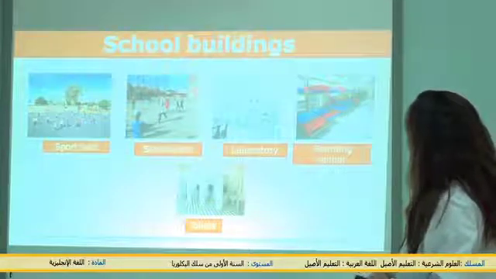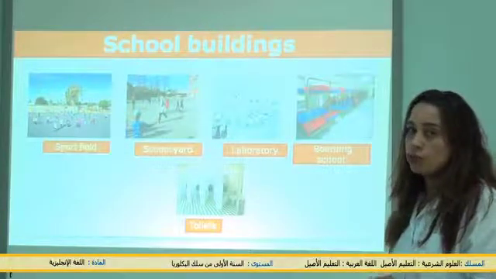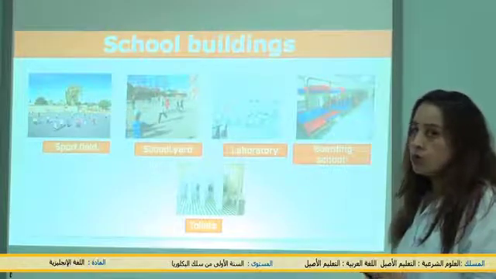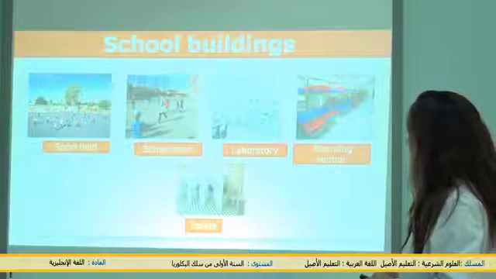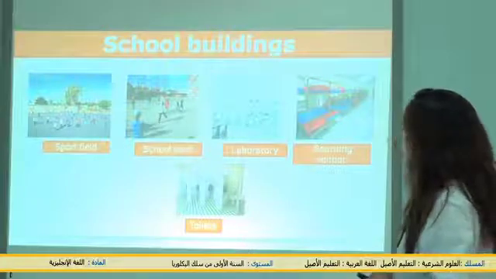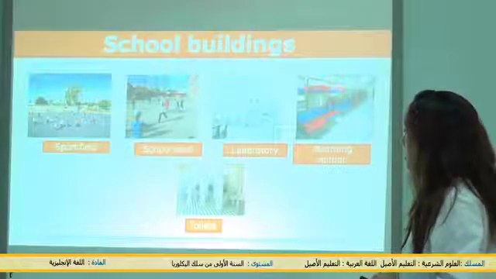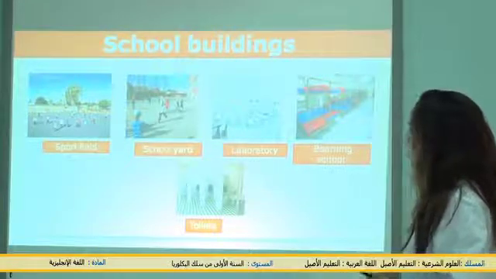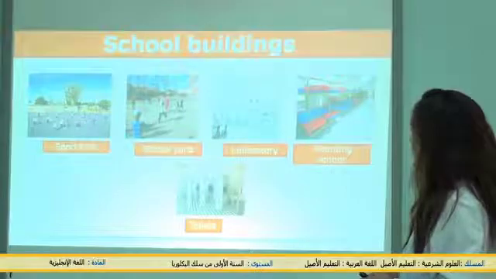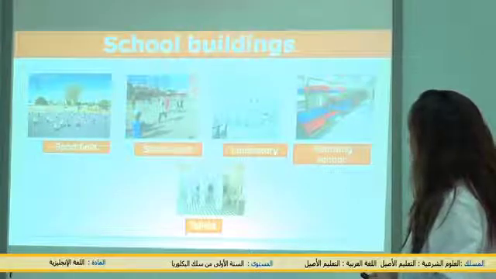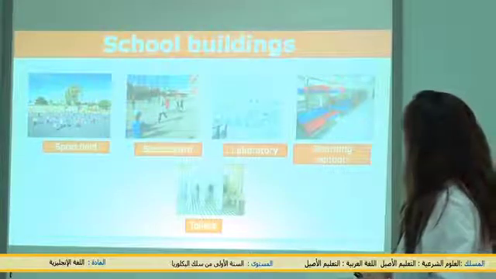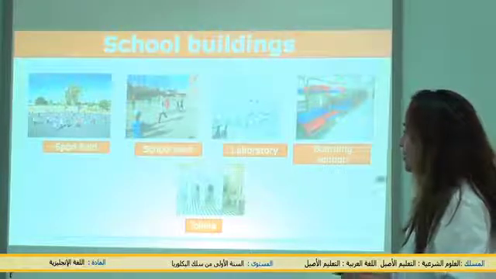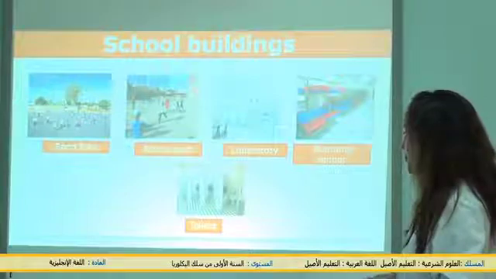A boarding school is a school which, for example, facilitates things for some students who are living far from the school. So they can sleep in the school. The school can offer them, for example, lodging, eating, and boarding parts. And the last part in a school is what we call toilets.